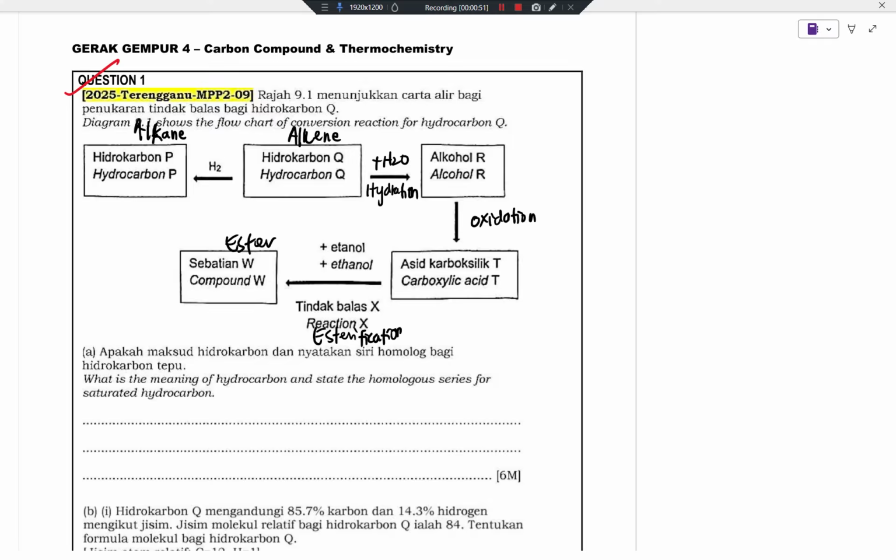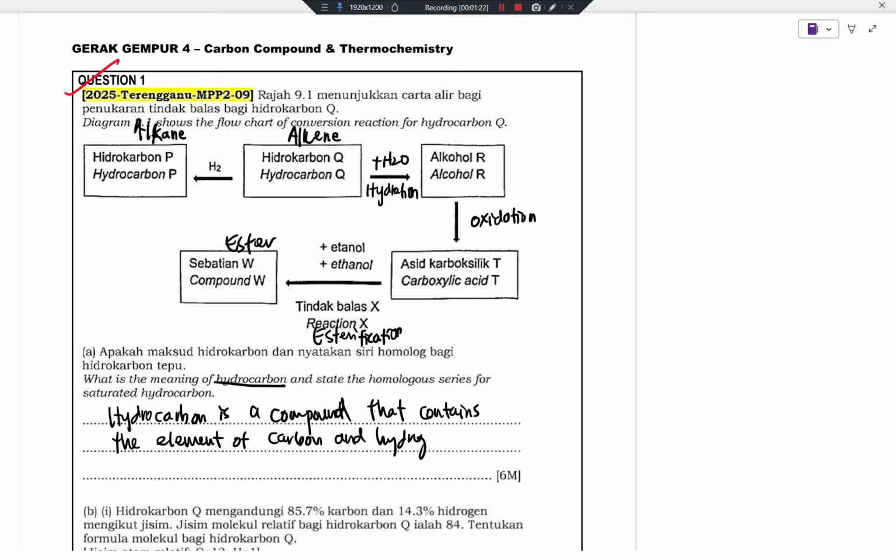Okay, what is the meaning of hydrocarbon, and state the homologous series for saturated hydrocarbon. Okay, meaning of hydrocarbon. Hydrocarbon is a compound that contains the element of carbon and hydrogen only.